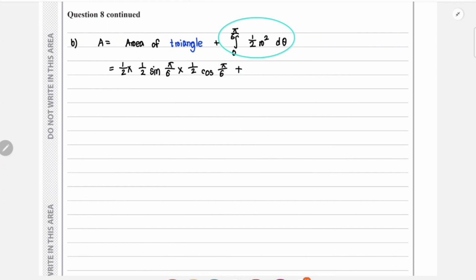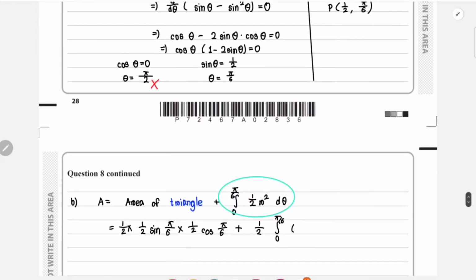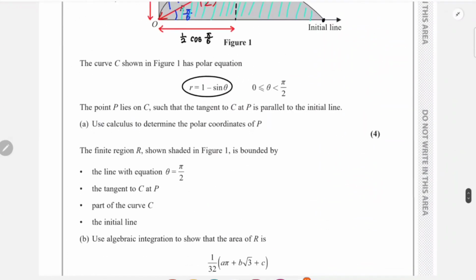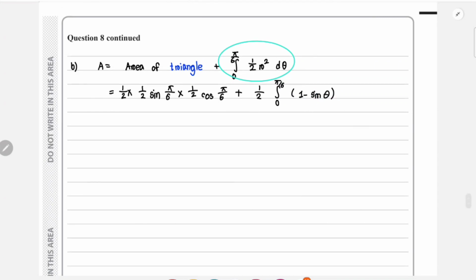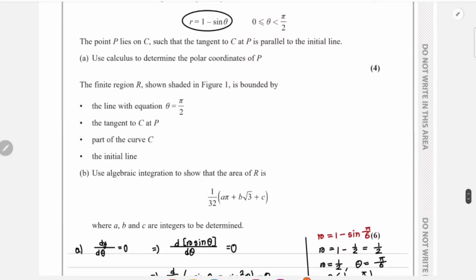And for the integral, I can just take the half outside, 0 to pi by 6, and the square of 1 minus sine theta.